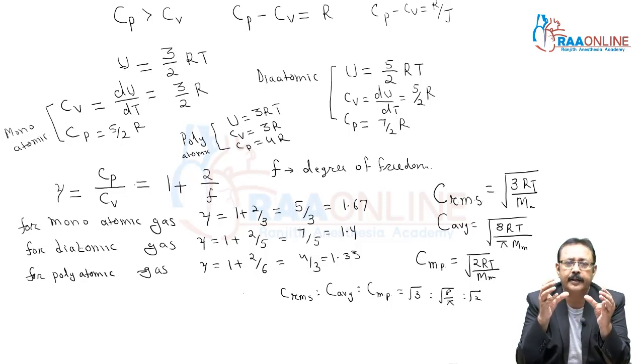Suppose in your container there are 2 moles of diatomic gas and 1 mole of monoatomic gas. Individually you know each and everything.